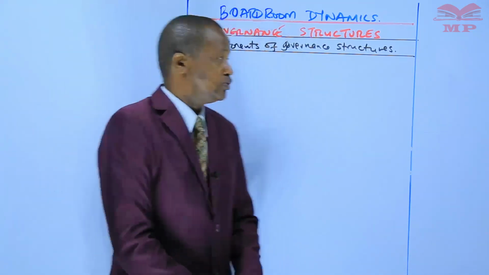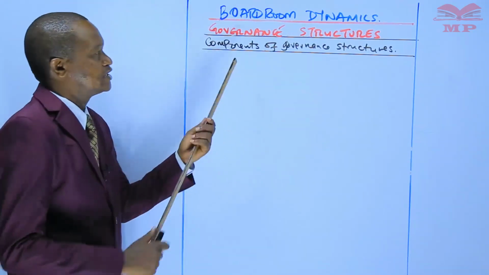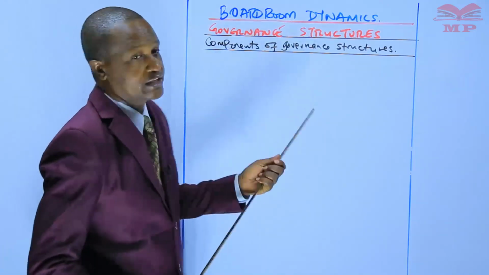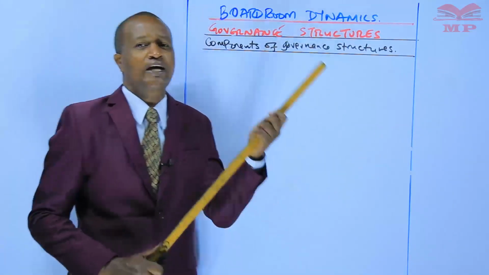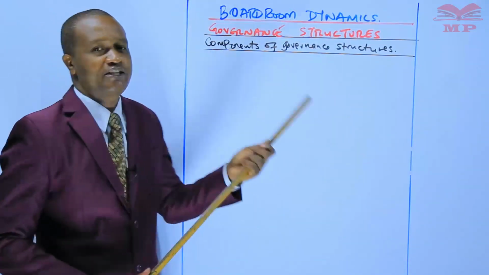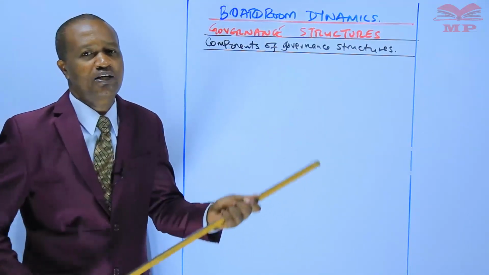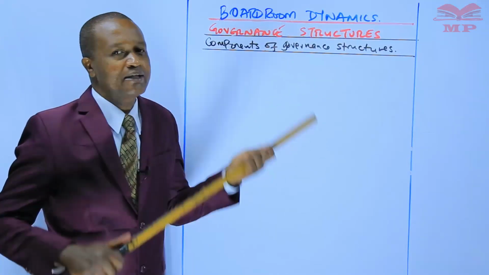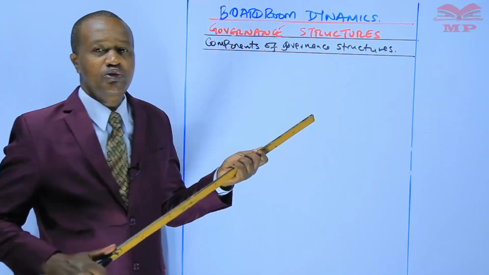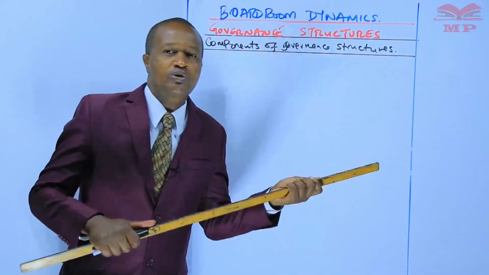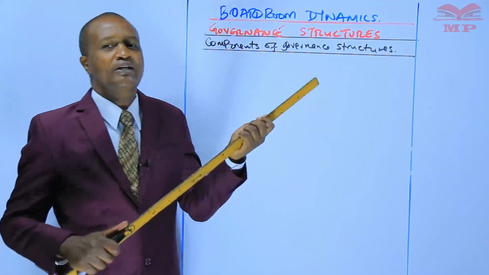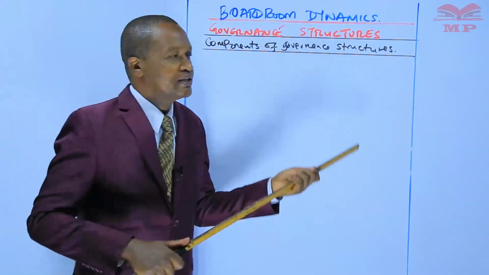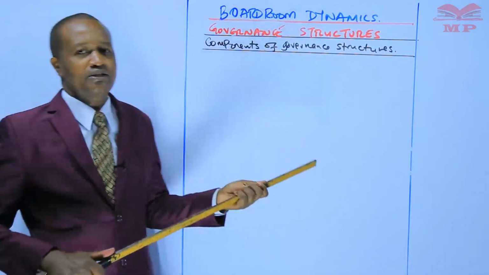Today we want to study the components of a governance structure. An effective governance structure or framework establishes stable and acceptable relationships between shareholders, the board, the management, and other stakeholders.